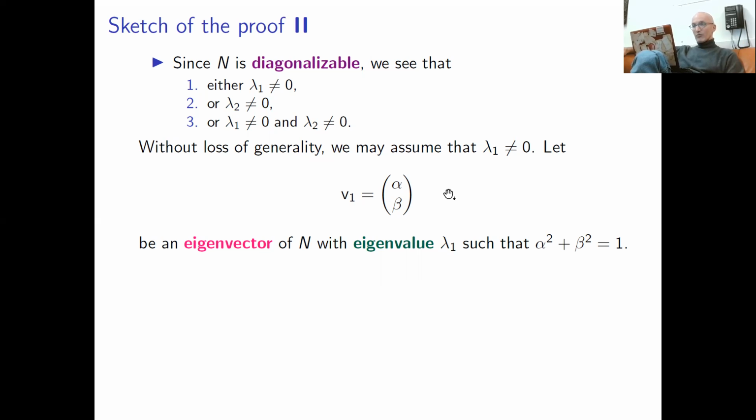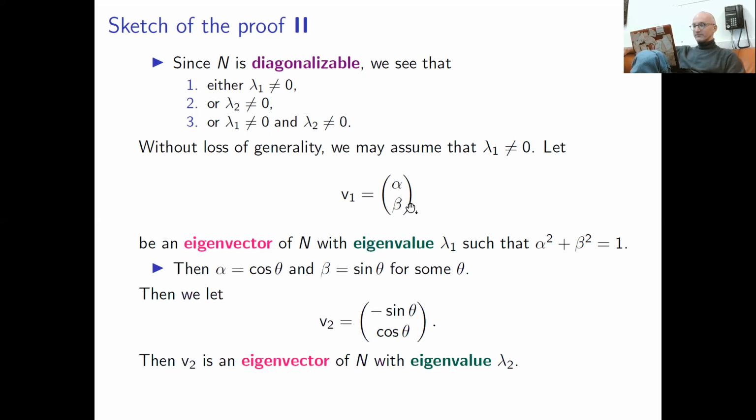But if you have such a vector alpha beta of length 1, it's actually very easy to guess the second vector which is orthogonal to it and which also has length 1. You just have to swap alpha and beta and change the sign of one of them.